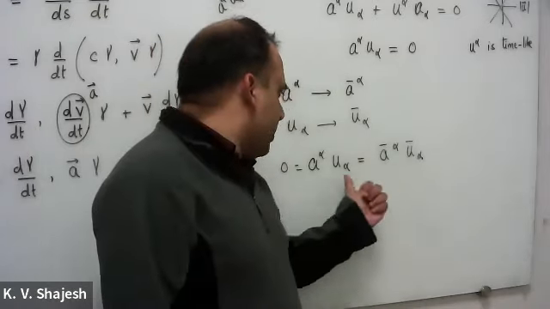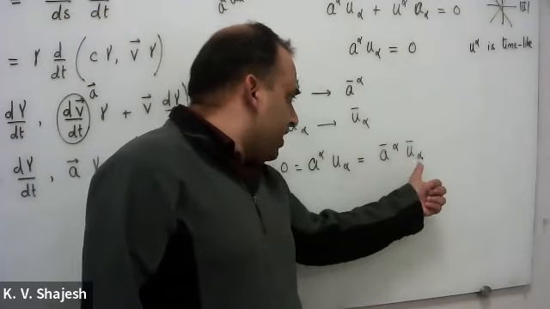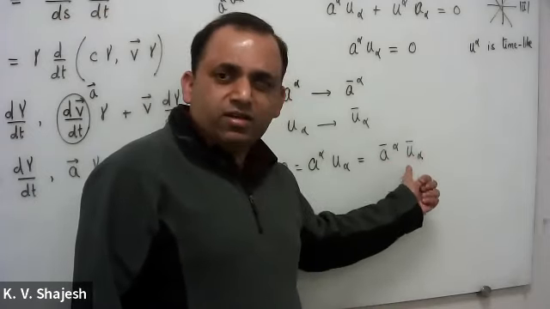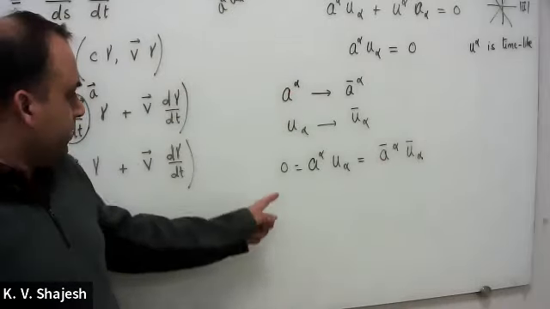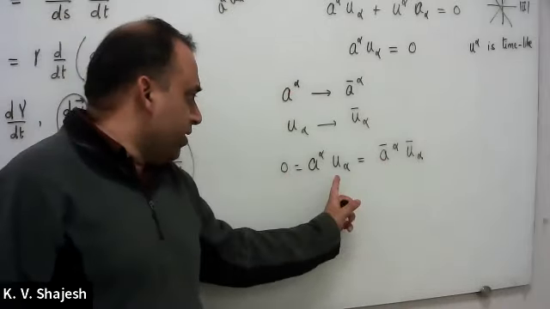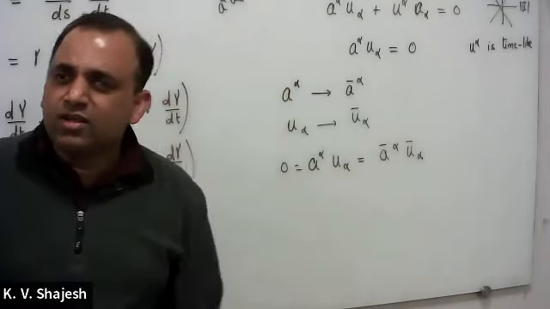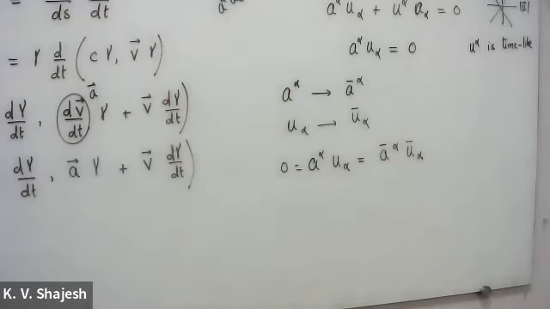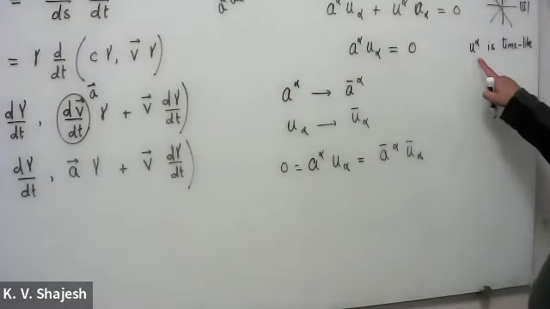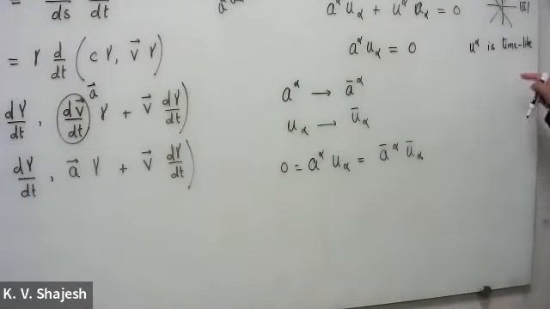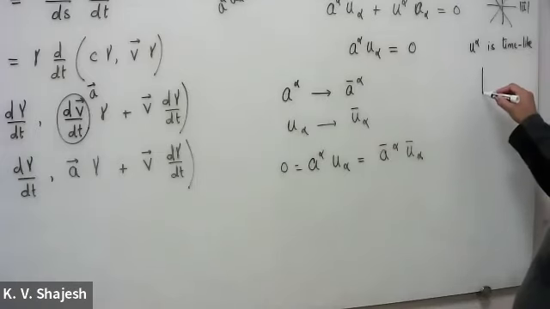I can pick any frame, calculate this, and if I calculate the dot product of the 4-vectors dotted with each other, then they will be invariant. This will be the same as this, and since this is equal to 0, that's going to be the same. So I will use the following trick. This is a time-like vector. So you have u alpha.